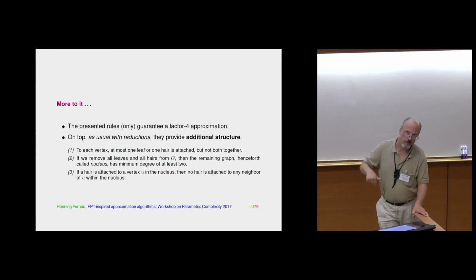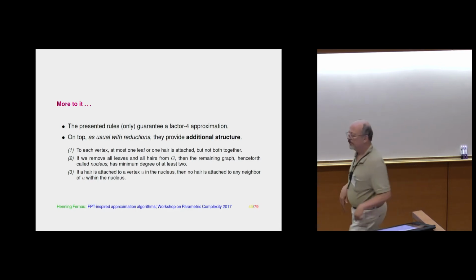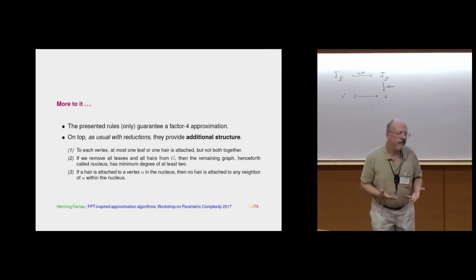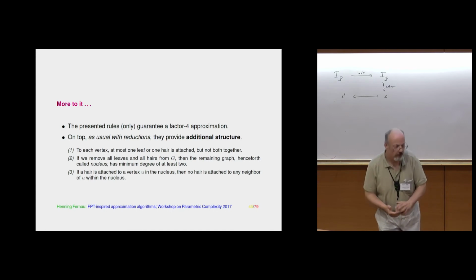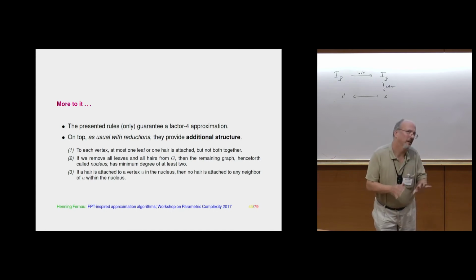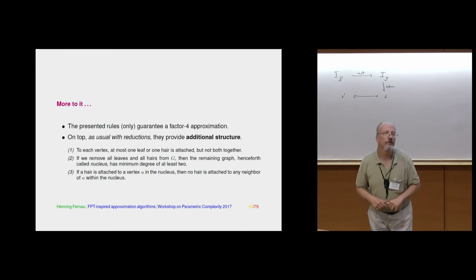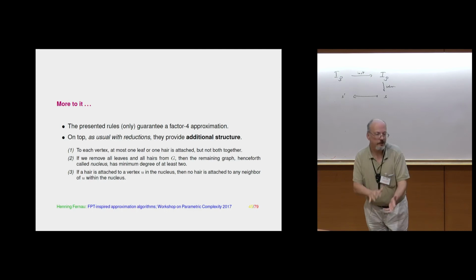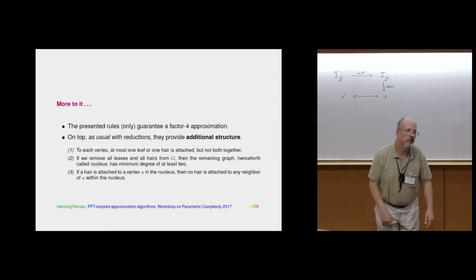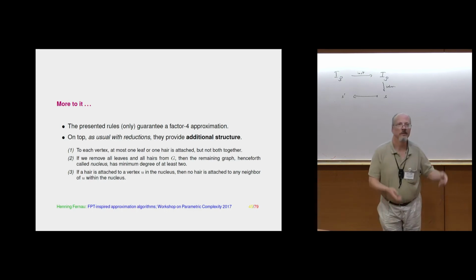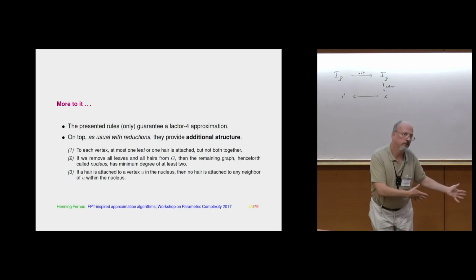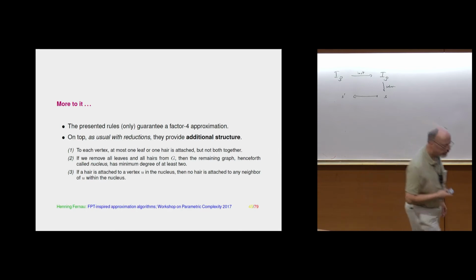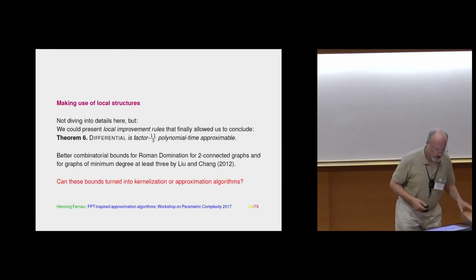But in the end of the day, what I want to do is basically work on this nucleus and find some approximation there, or even have it like a kernel, but then have some specific rules how to massage this solution into a solution which is valid for the graph that resulted by applying the previously presented reduction rules. So again, this is not really complete here what I present, but gives at least some idea.